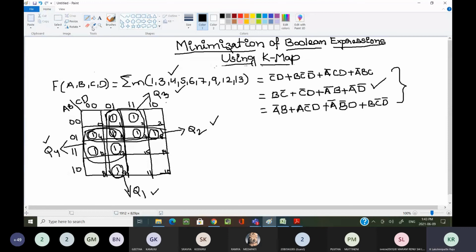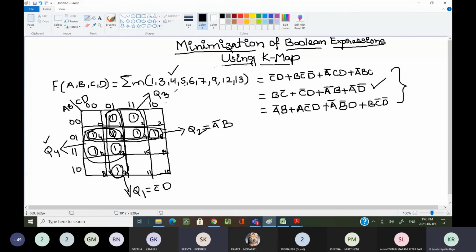Now, tell me the solutions. If I simplify quad 1, what answer am I going to get? C bar D. Very good. If I simplify quad 2, what am I going to get? A bar B. If I simplify quad 3, tell me what answer I am going to get.